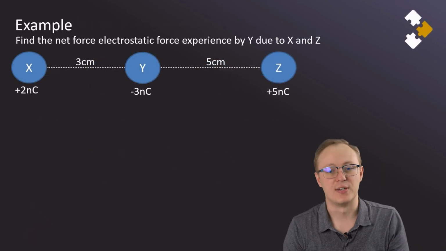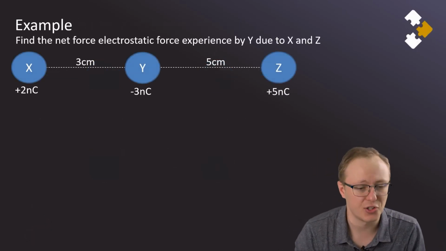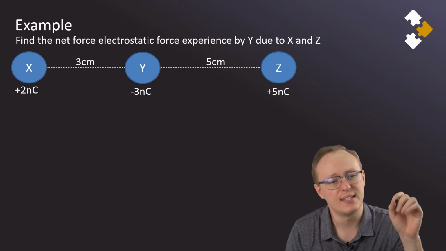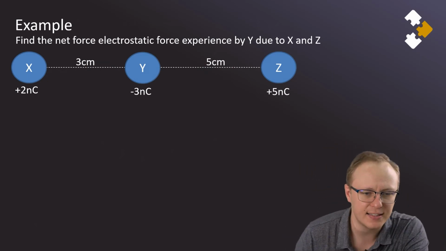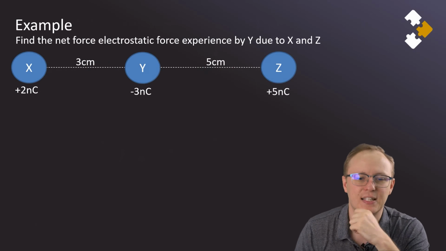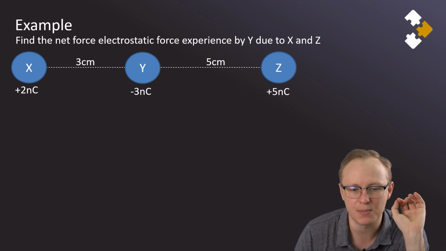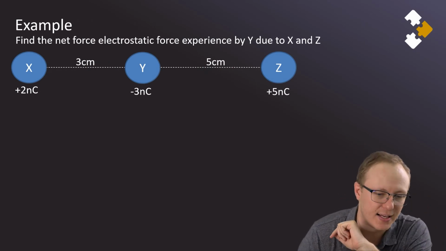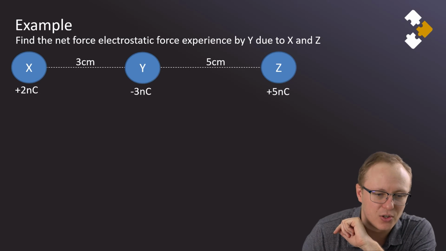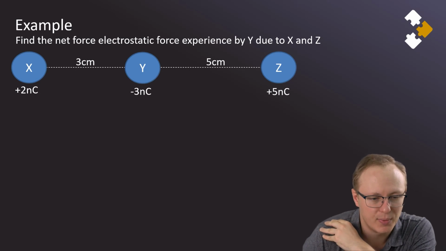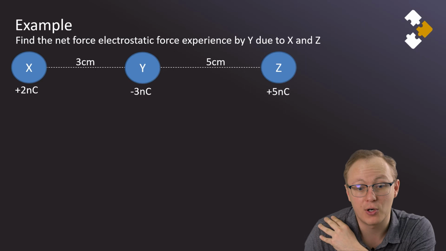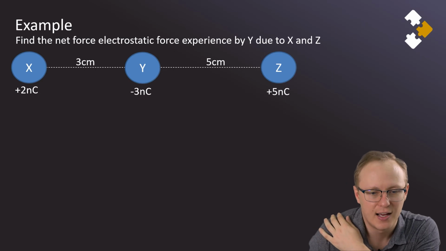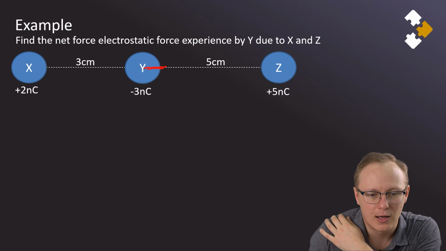Okay, so now it's time to do some calculations with Coulomb's law. So it says that we need to find the net electrostatic force experienced by Y due to X and Z, right? So this Y here is going to be experiencing a force of attraction towards Z. So I'm going to just draw a little arrow because I know force is a vector, right?